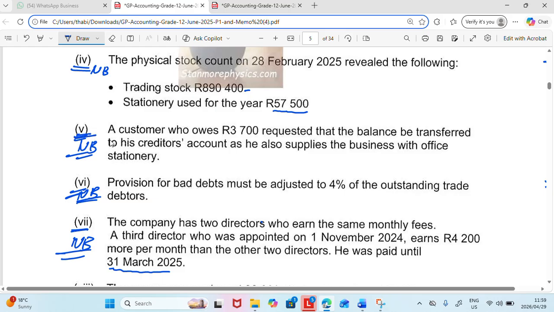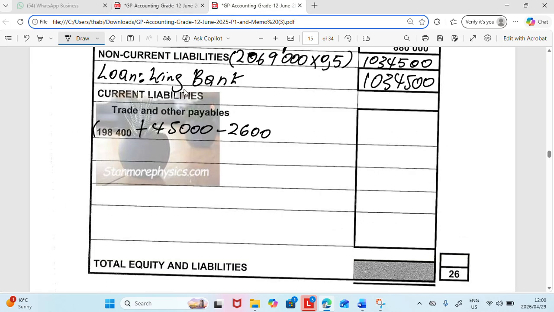Roman figure number 5, a customer who owes 3,700 requested that the balance be transferred to his creditor's account, as he also supplies the business with office stationery, which means now his creditor's account must also be reduced by how much? 3,700. So you minus 3,700.